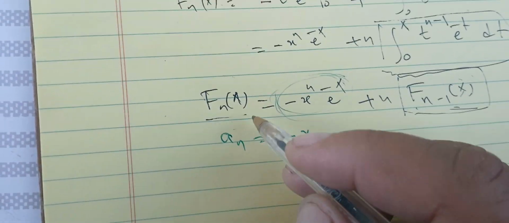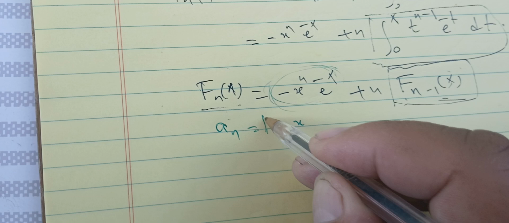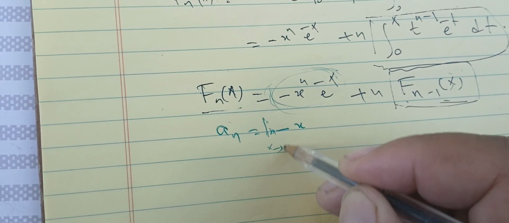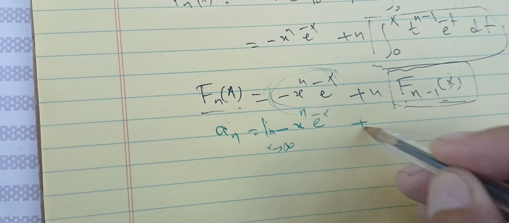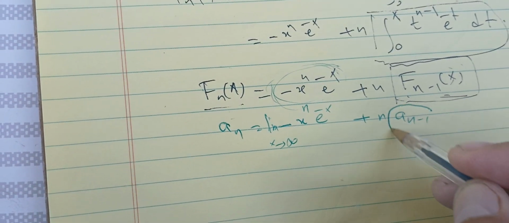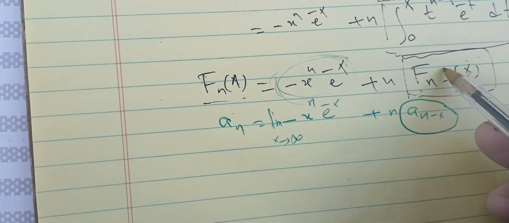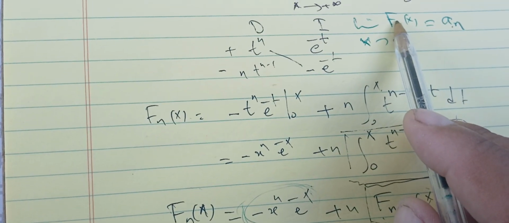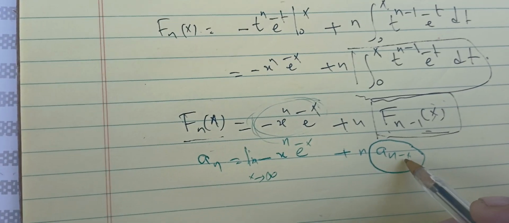We say the limit as x goes to infinity of minus x to the power n e to minus x plus n a_(n-1). Here, this limit exists, we assume that it does exist. So the limit as x goes to infinity, we call that a_(n-1).